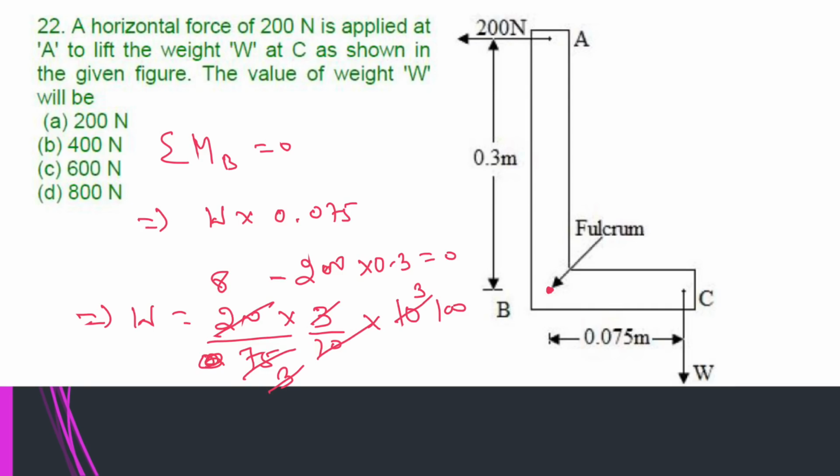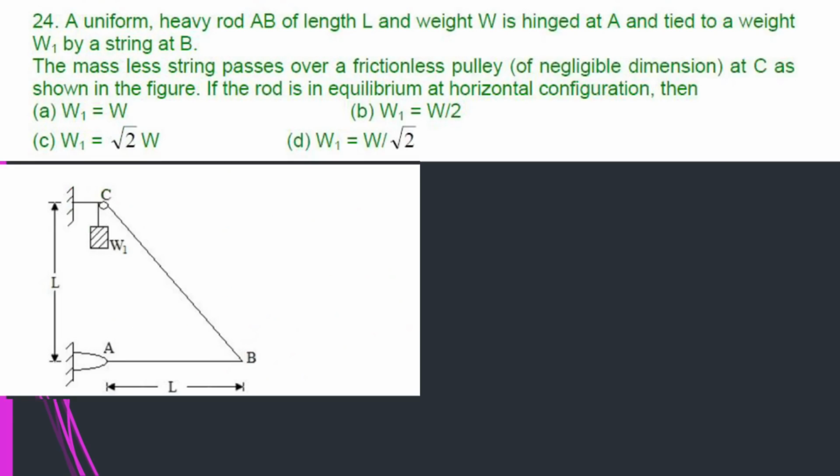A uniform heavy rod AB of length L and weight W is hinged at A and tied to a weight W1 by a string at B. The massless string passes over a frictionless pulley of negligible dimension at C as shown in the figure. If rod is in equilibrium at horizontal configuration, then W1 and W relation we have to calculate.